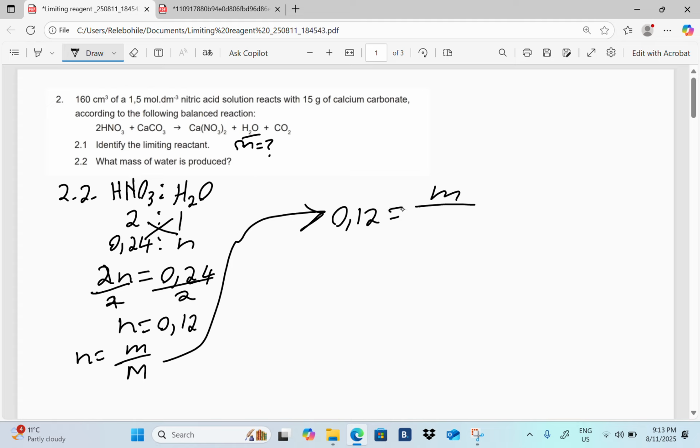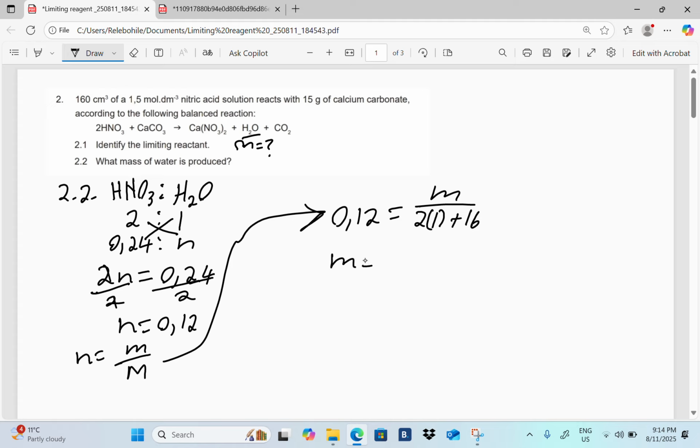To get the molar mass of water, I have 2 hydrogens, and the mass of hydrogen is 1, plus the mass of this oxygen here, which is 16. That means I'm getting 18 here.